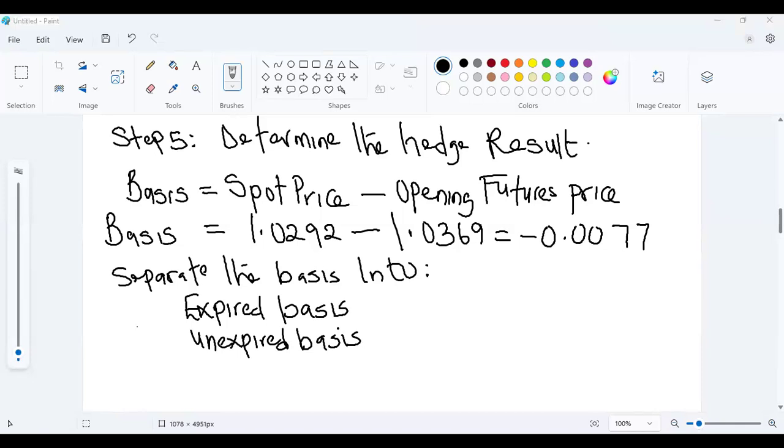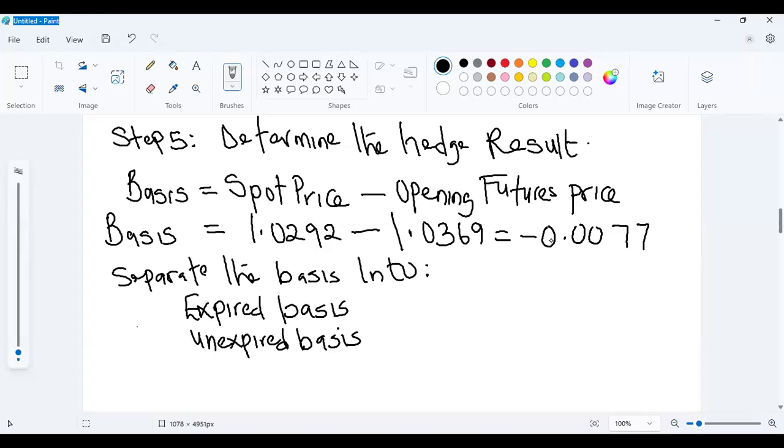Count from November to June. How many months? 7 months. That means the contract will run for 7 months.